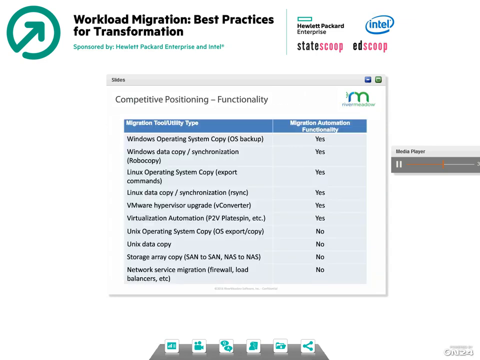In terms of where we fit in the market, functionally, you look at a classic migration project, and you always have disparate tools for operating system data copy, and usually different tools for Linux versus Windows. Also, point tools usually from the vendors for hypervisor upgrades, P2V, et cetera. We're taking all of those core functions that you would see in a classic migration project and consolidating them into one tool set.